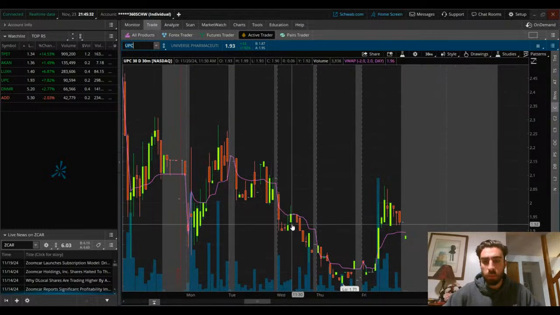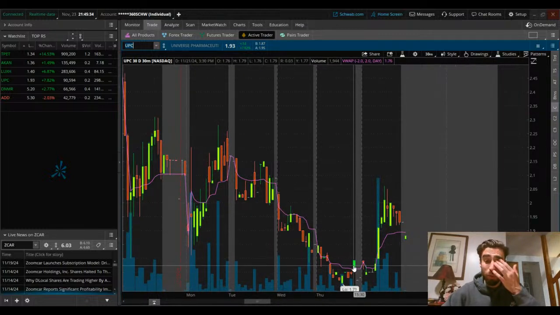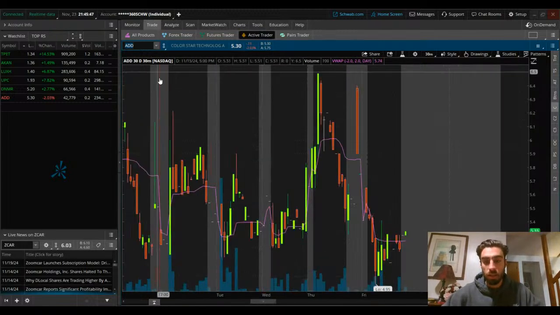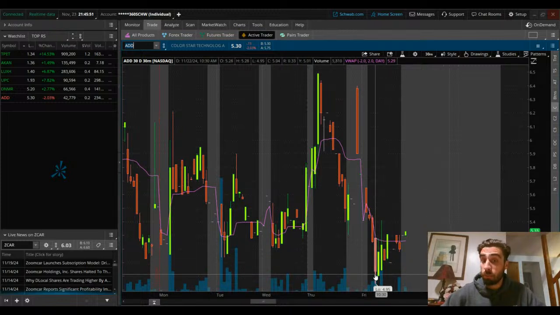UPC is another one, but again, the play might be over. Again, we make a low near $1. This one's a little too close to 2, but the same concept. And then AD, which is making a low near a whole number. So those are my ones that are on watch.